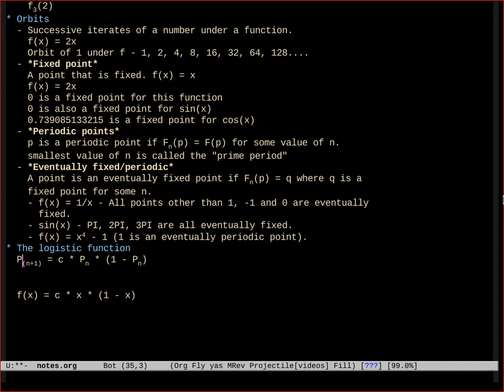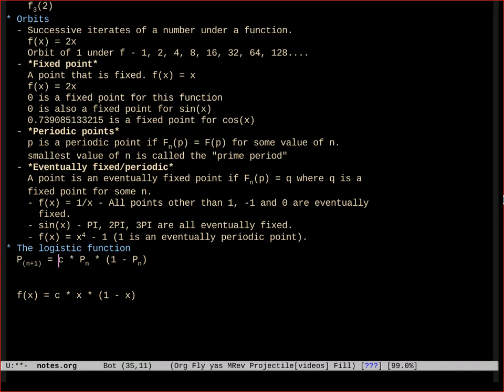So this basically means that the population at generation n plus 1 will be c multiplied by the population at generation n multiplied by 1 minus the population at generation n. And c is what we call the ecological constant.